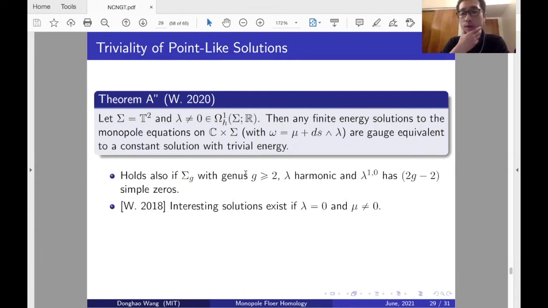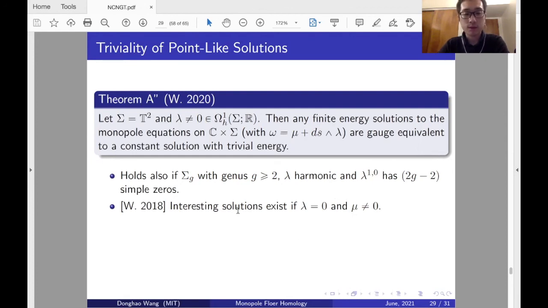There are two remarks in order. First, you may wonder what will happen for the higher genus case. Indeed, both Lemma B and Theorem A double prime are still true if we work with a closed Riemann surface with genus at least 2, where lambda is still harmonic, and the (1,0) part of lambda has precisely 2g minus 2 simple zeros. In this case, we still have a rather interesting gauged LG model.